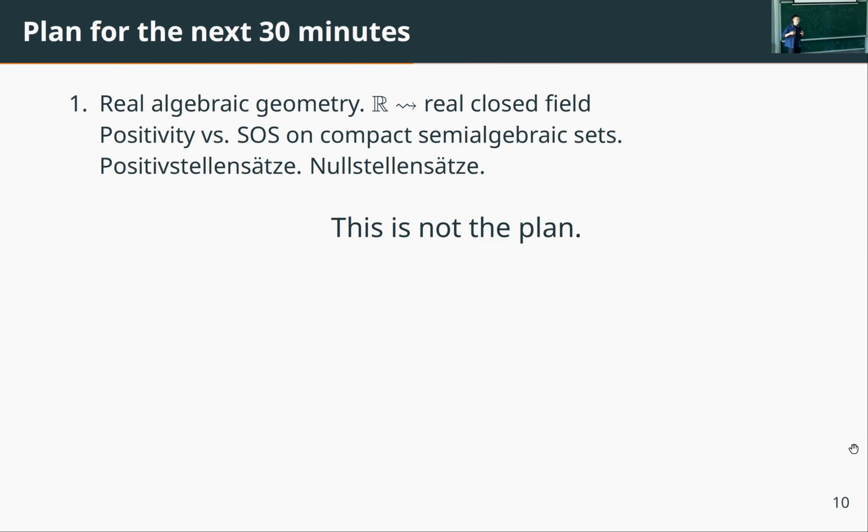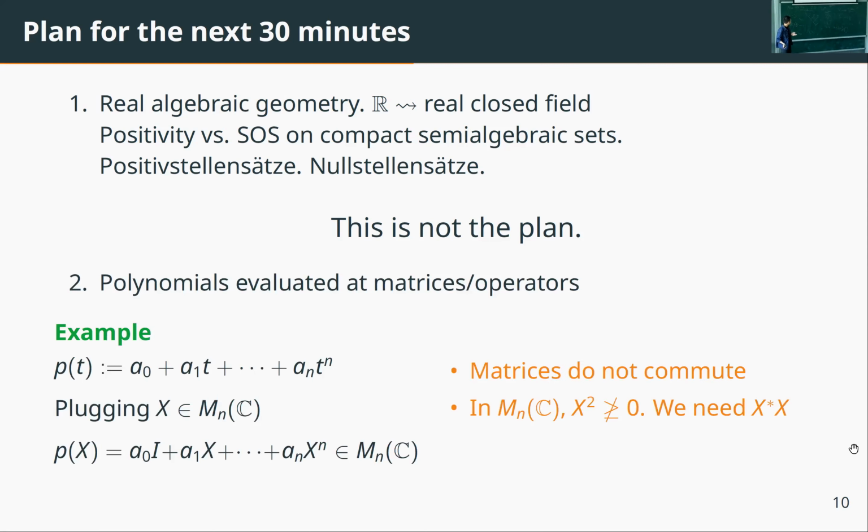In quantum mechanics, if you want to quantize something, you just put a hat on your position or momentum. The difference is that without the hat, your variable can only be substituted by a number, but with the hat, now you can plug in matrices or even operators. So in this talk, I want to consider polynomials evaluated on matrices or even operators acting on infinite-dimensional Hilbert spaces.